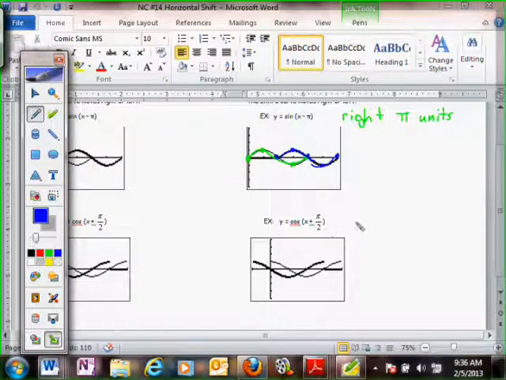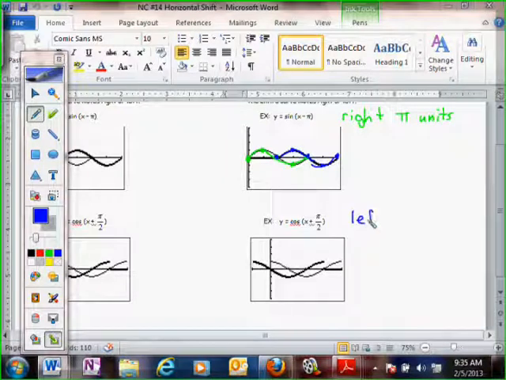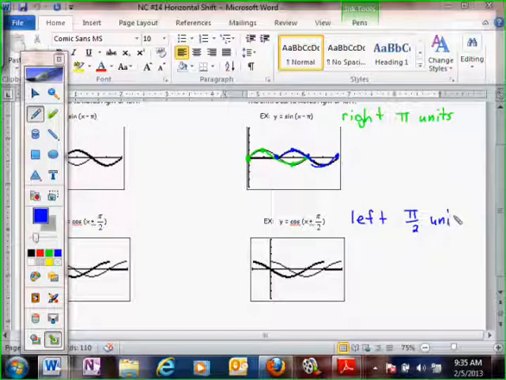And finally, my last example here on this note card, I have y equals cosine, in parentheses, x plus pi halves. This means I have a left horizontal shift of pi halves units. And so, again, we're looking at these critical points, and it's okay that we're going left or right in these increments of pi, because our number line is going to be done in pi units.